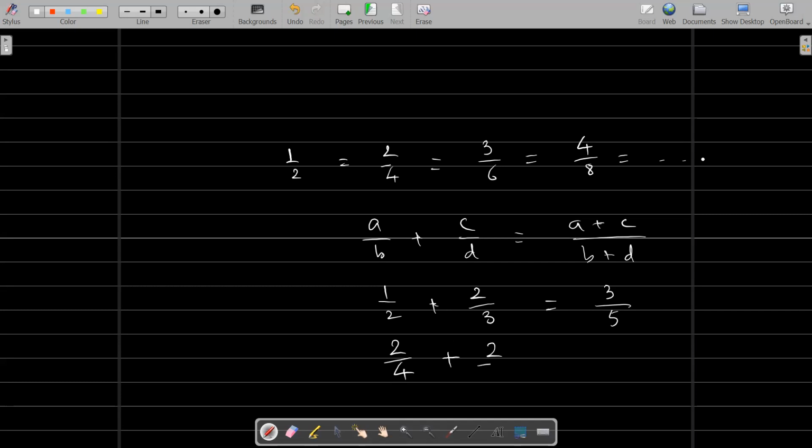Then for him the answer will be 2 by 4 plus 2 by 3, which is 4 by 7 according to my definition. Though these numbers are the same, the final answers are not the same, right? 3 by 5 is not the same as 4 by 7. So this definition of addition is not compatible with the various forms of rationals. If I take different forms of rationals, it won't give me one and the same answer. So it's not well defined.